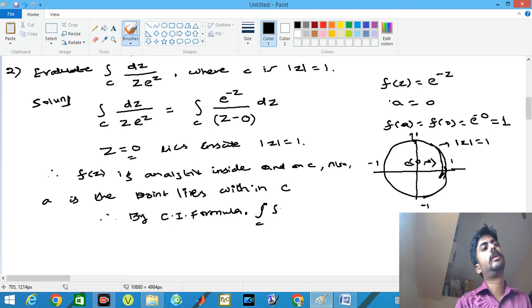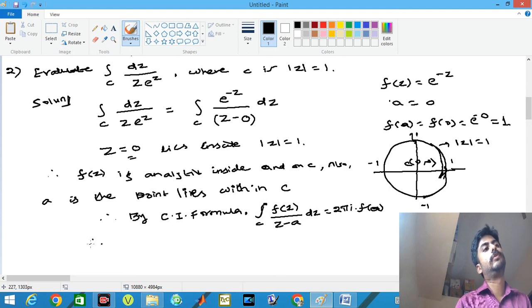Integral over C f of z by z minus a dz equal to 2 pi i into f of a.